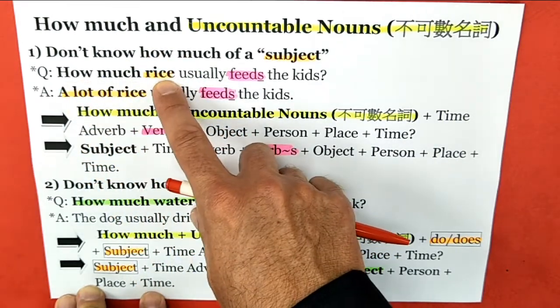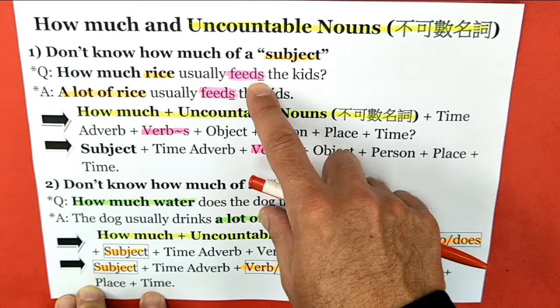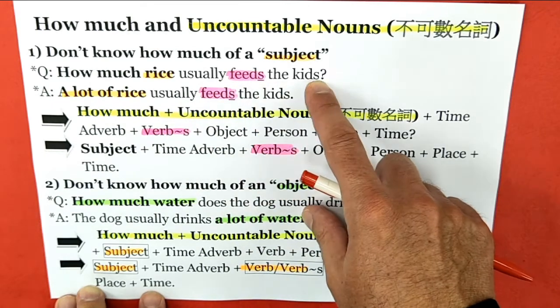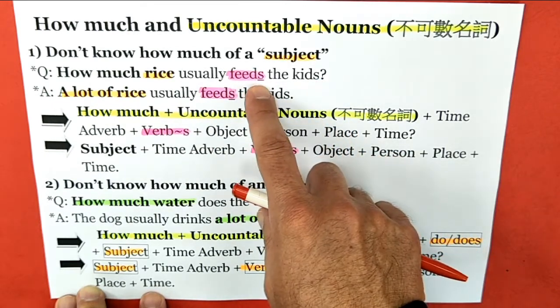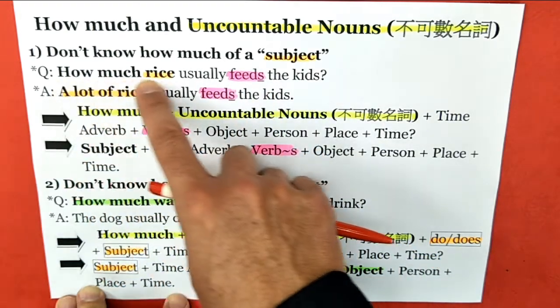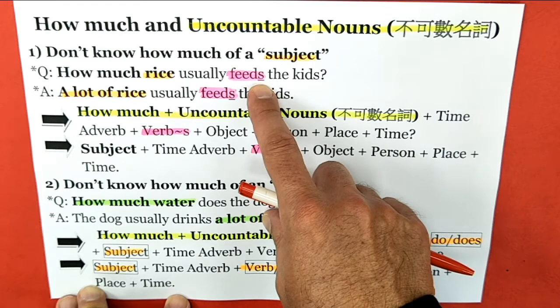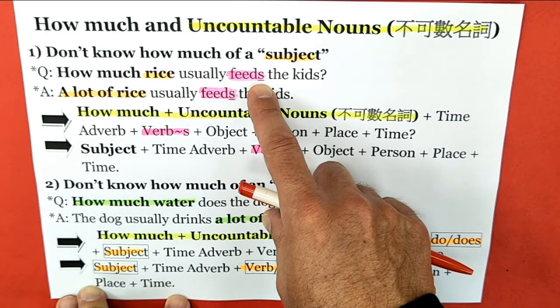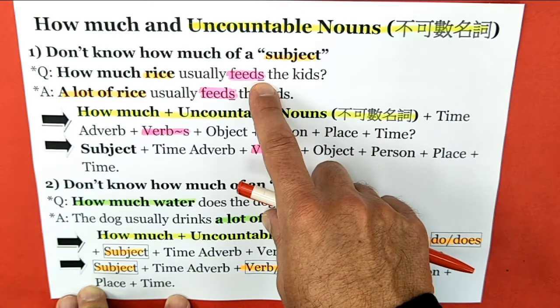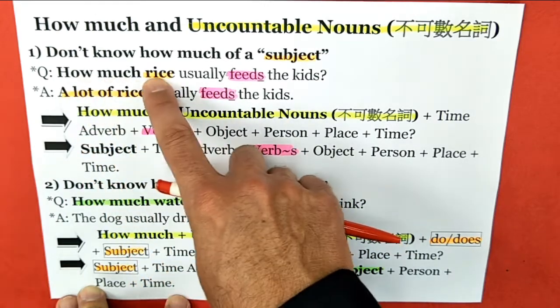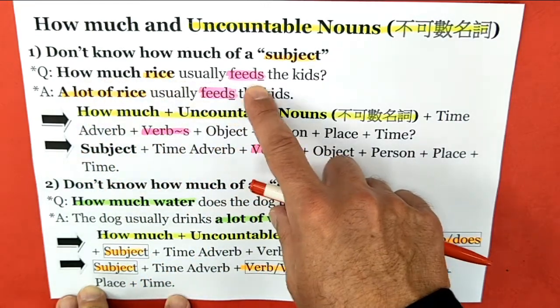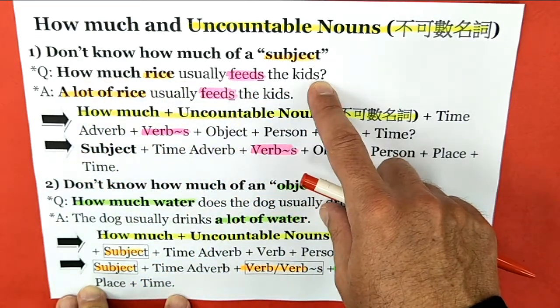How much rice usually feeds the kids? When we ask how much rice, we don't know the subject. This verb must have an S. How much rice usually feeds the kids?